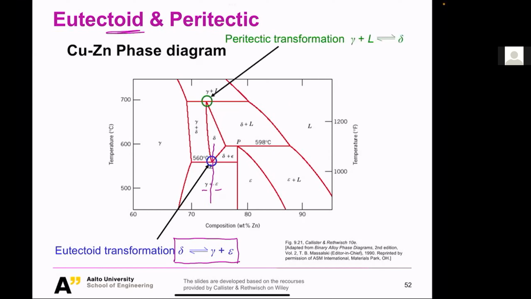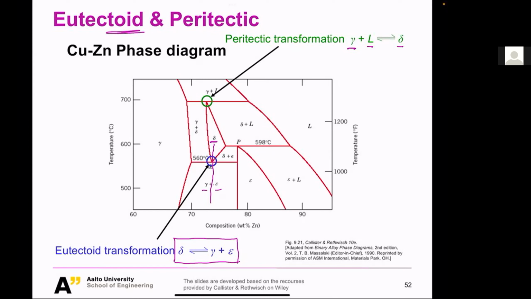And if you just go forward, if you heat your delta phase more and more to even higher temperature, actually the delta is becoming a liquid plus another solid solution. We had this many times, right? But we had it in a different way. If we cool down your liquid, the liquid usually could become the two solids. This is exactly what we had with the eutectic. But here is a little bit different.